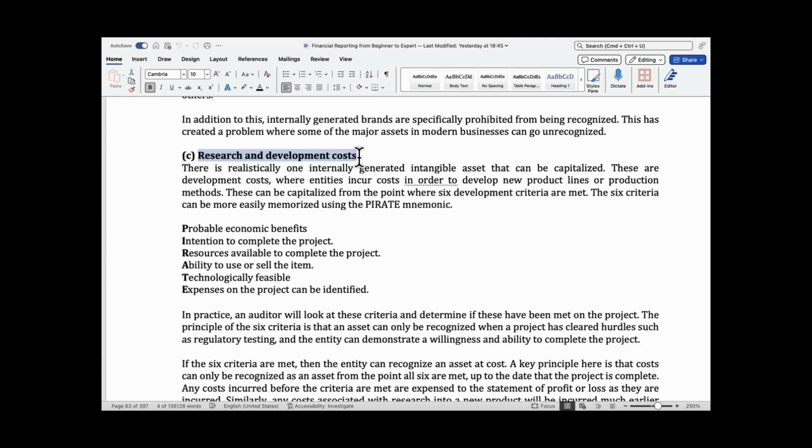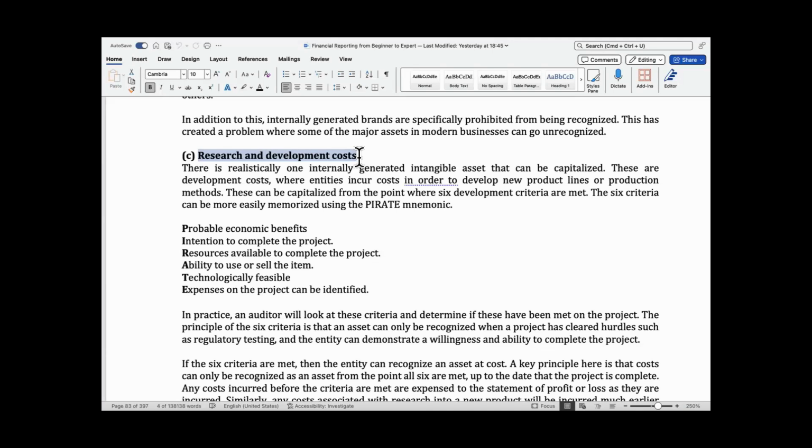But this one is different from brand name or goodwill. This one is we are working on a project. Like, let's say we are creating an app, or a server, a piece of technology, an AI machine, something like that. So research and development.